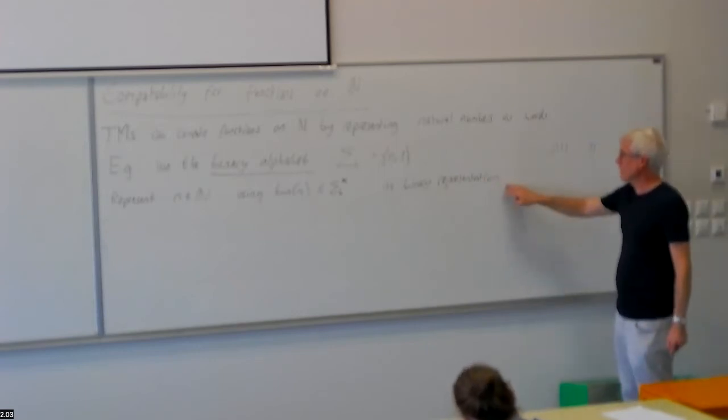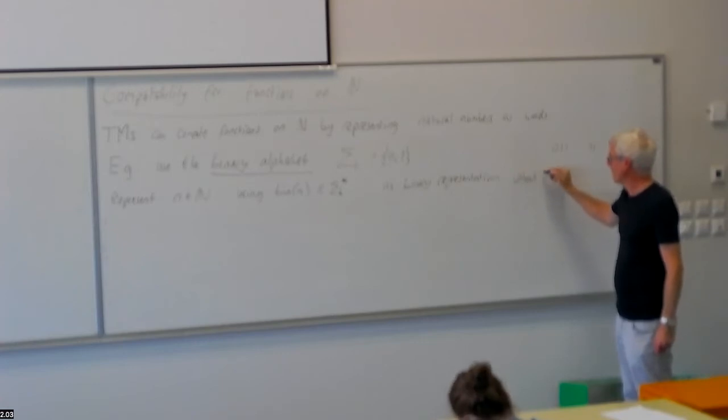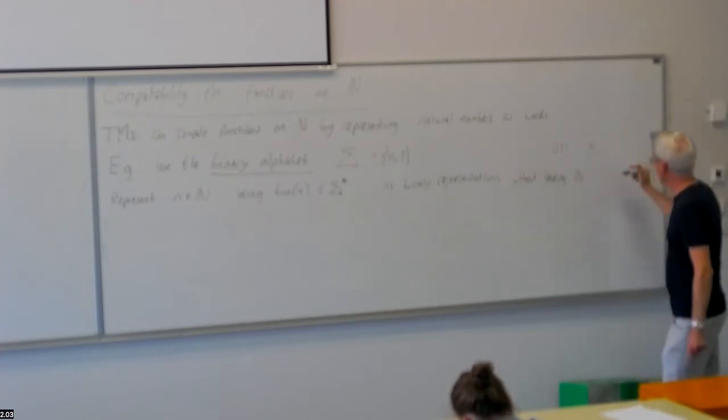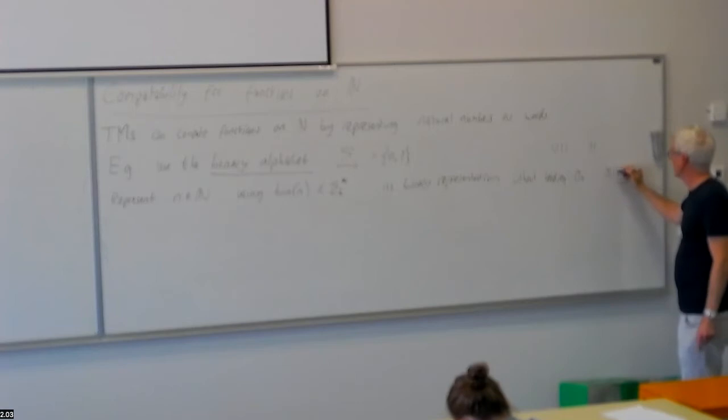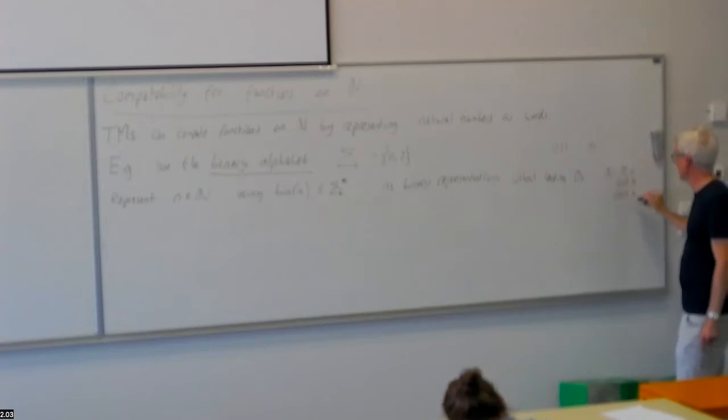So let's say it's binary representation without leading zeros. So for 3, 1, 1 is okay, so let's give that a tick. 0, 1, 1 is not allowed, 0, 0, 1, 1 is not allowed.